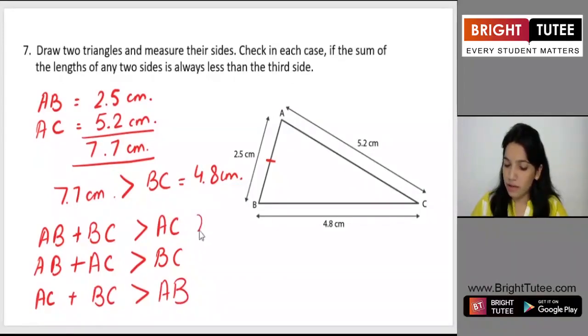This is a very important as well as a simple observation that we see in front of us. You can try any triangle as you can, and you will always notice that if you add two sides of the triangle, it will always be greater than the third one.